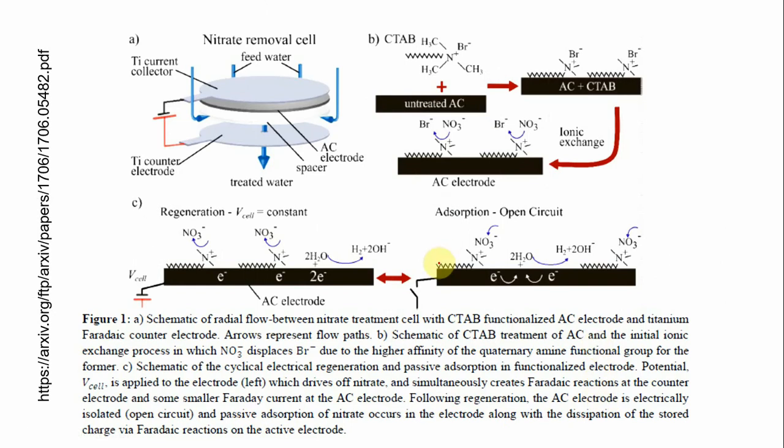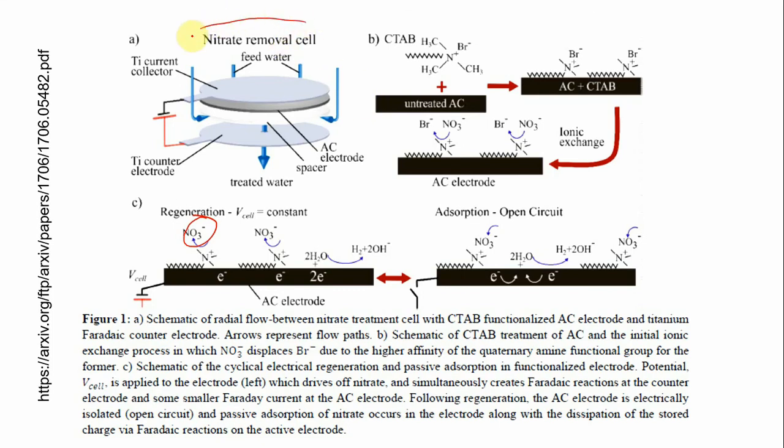So here is an example of a similar kind of process in which nitrate ion is converted to a different moiety, which is non-toxic, because nitrate ions are toxic. Different methods are used to get rid of the nitrate.